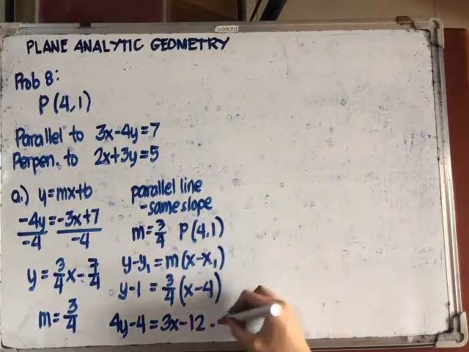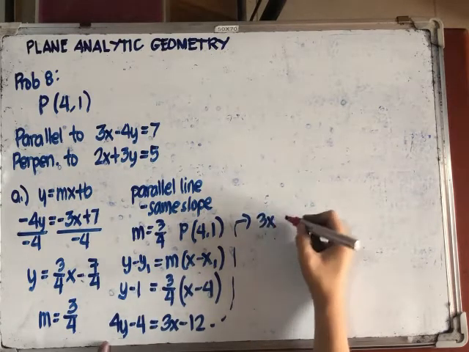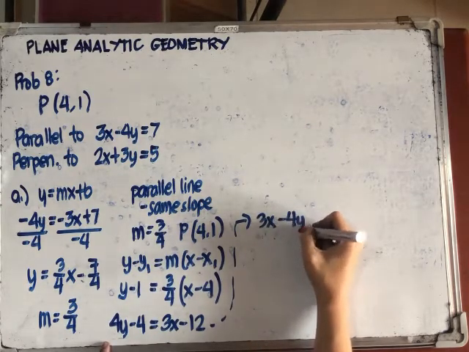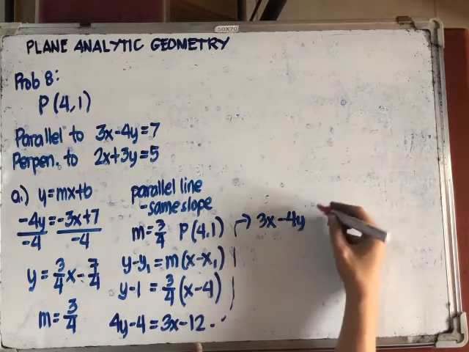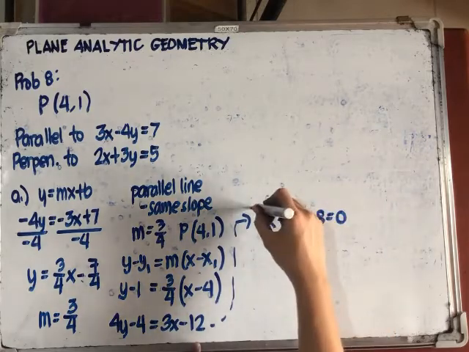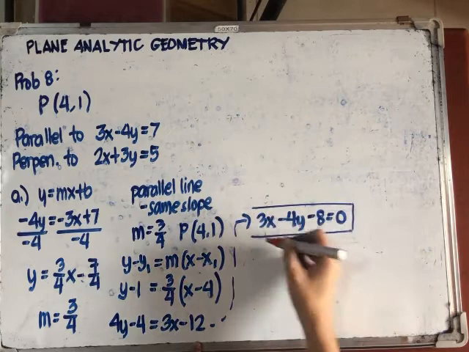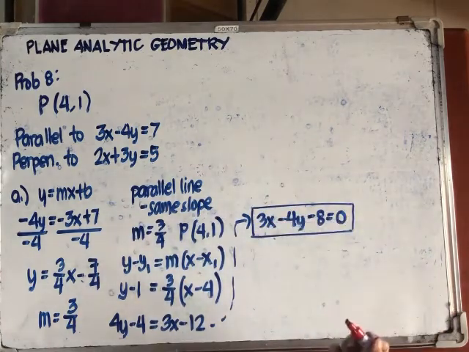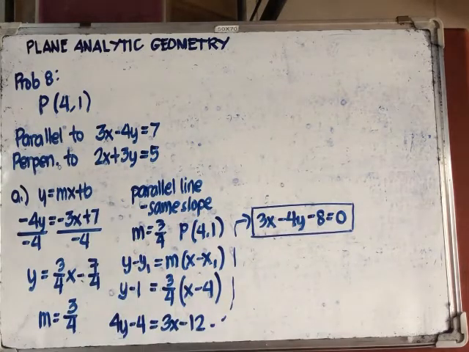Rearranging that would give us 3x minus 4y, negative 4 onto the other side, that's negative 12 plus 4, that's negative 8, equal to 0. So this is the line that is parallel to 3x minus 4y equals 7 passing through point 4, 1.